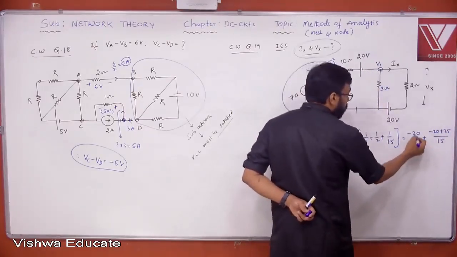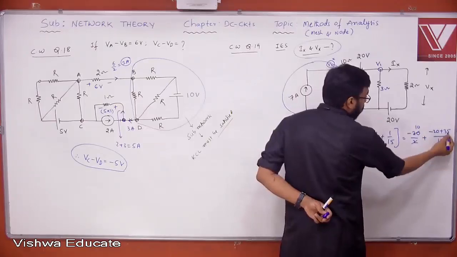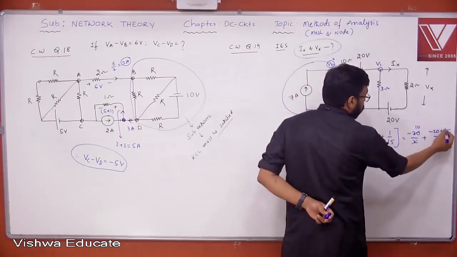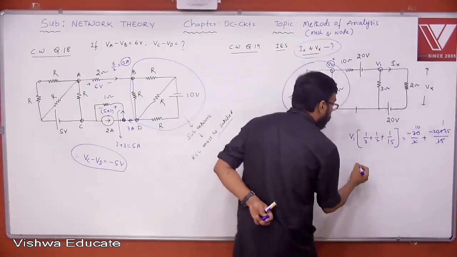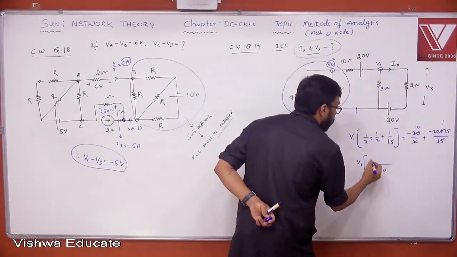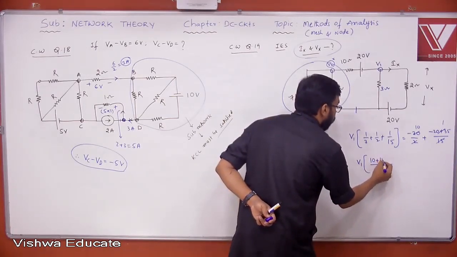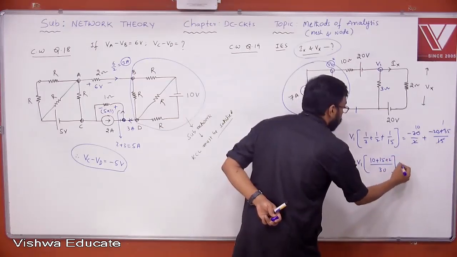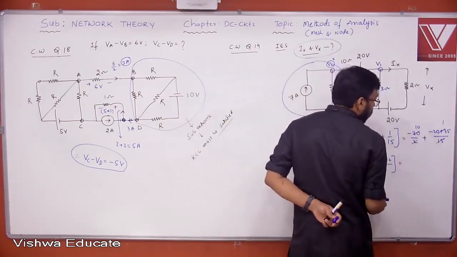Now tell me here, this is 10. 35 minus 20 is 15, 15 by 15 is 1. Now V1 of, this is 30, 10 plus 15 plus 2, is equal to, what is this actually here?